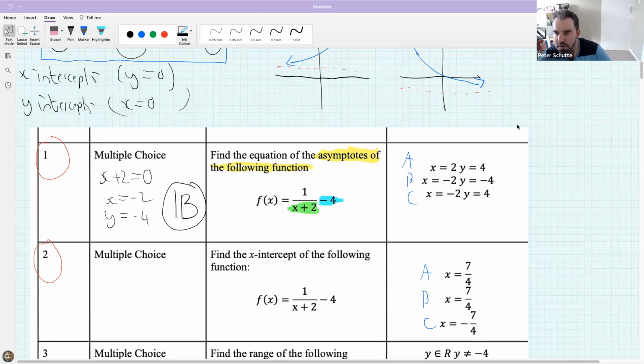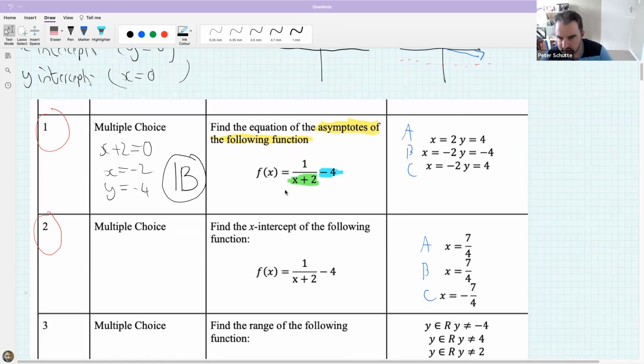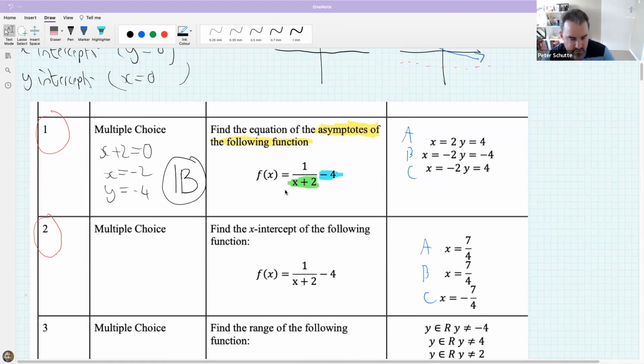If you're unsure about how I got 1B, please put your hand up and ask a question, because I'd love to discuss it further. Otherwise, I'm going to let you go on to question 2.